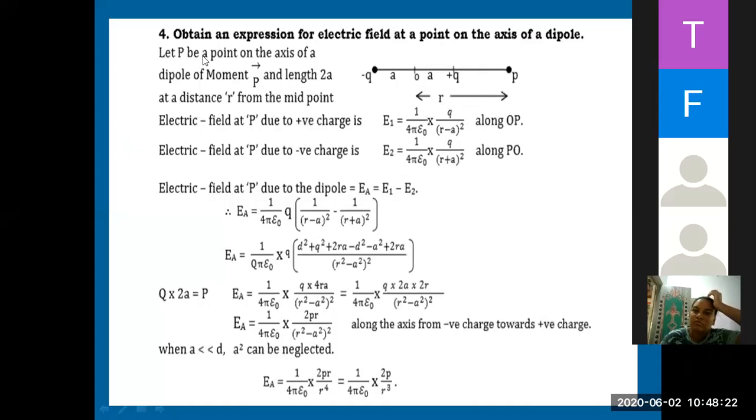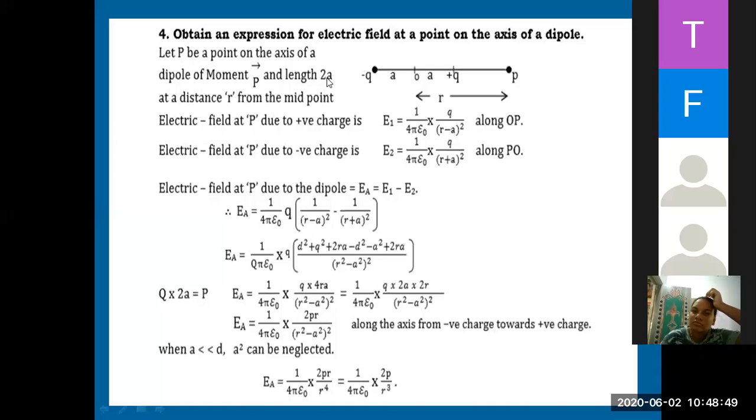So to start our derivation, let P be a point on the axis of a dipole of moment P vector. Moment is a product of your force and the perpendicular distance. Moment will always be denoted by the symbol P. Its length should be equal to 2a.